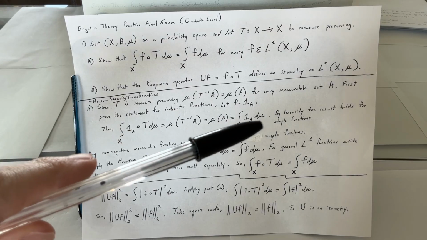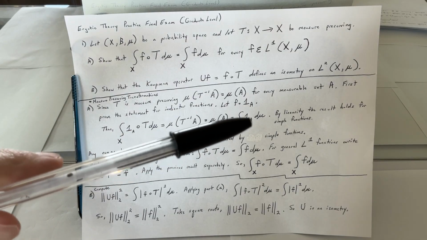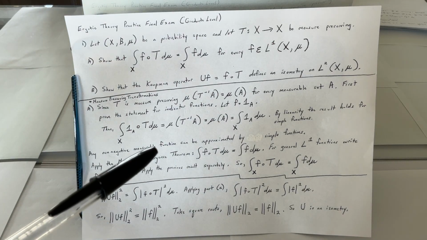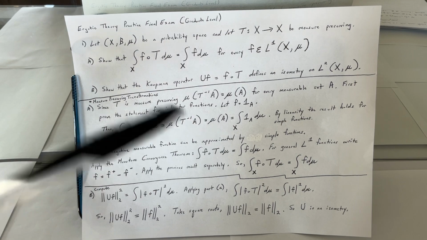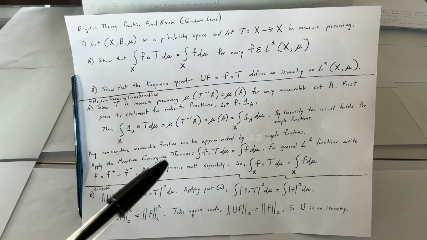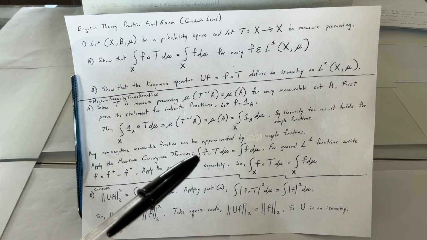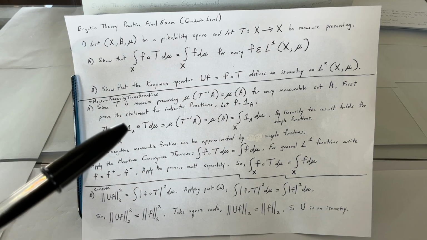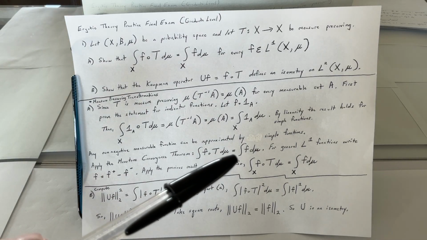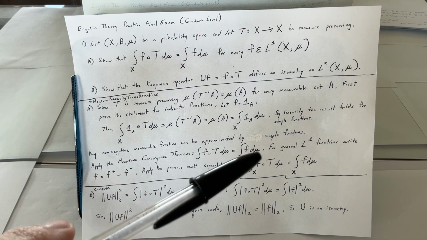And by linearity, the result holds for simple functions. We could say that any non-negative measurable function can be approximated by simple functions. So from here, we apply the monotone convergence theorem. We have the integral of f composed with T d mu equals the integral of f d mu.